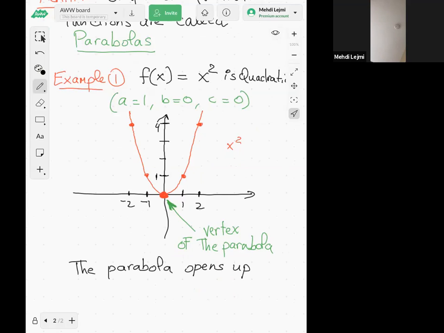It has this vertex, special point, and this vertex is actually a minimum. This is a global minimum, the lowest point in the graph of f of x. So the vertex is a global minimum. That's the lowest point in the graph.